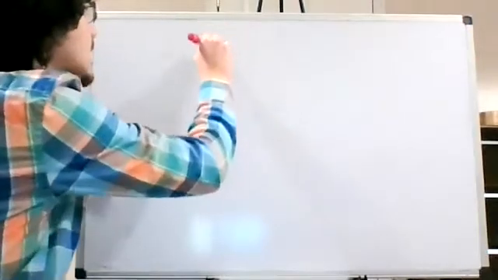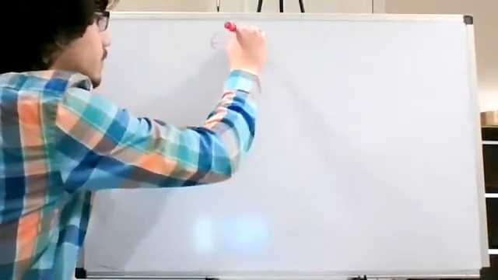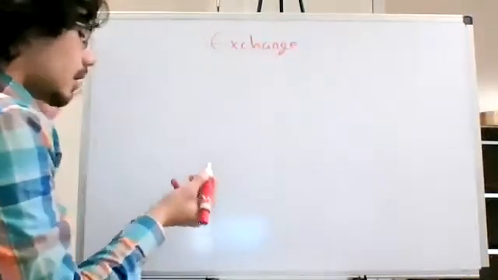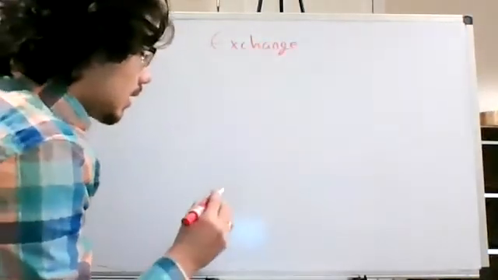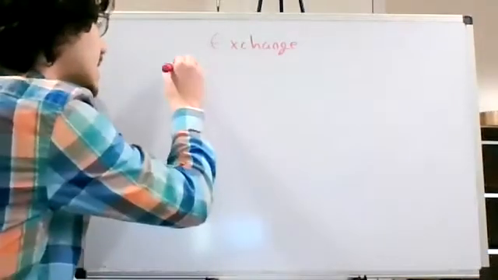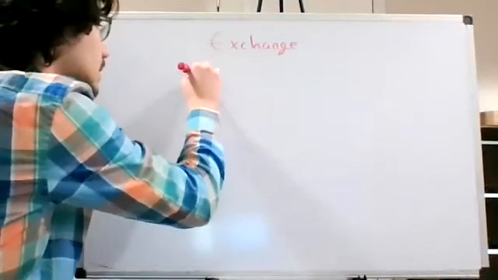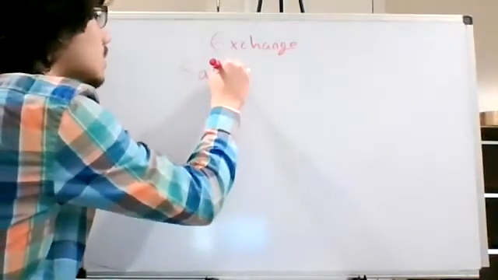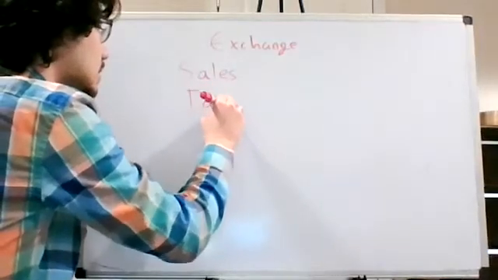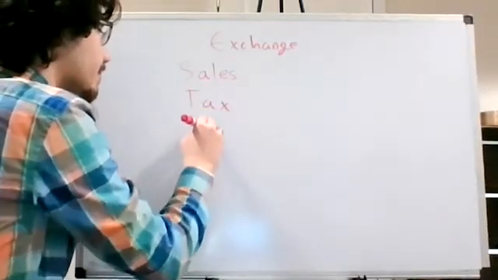So in an exchange, there are three general things that low-level consumer arithmetic covers. It is sales, tax, and tip.